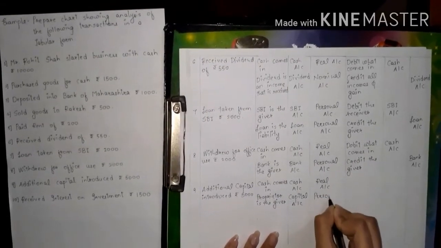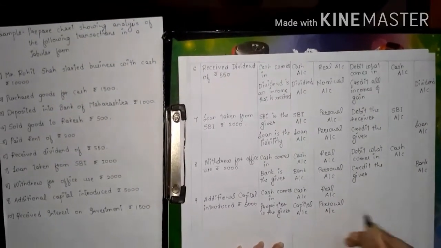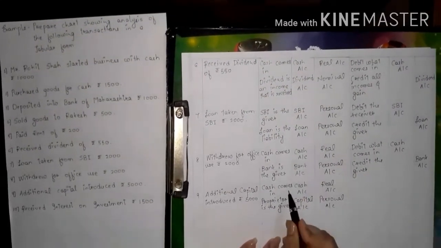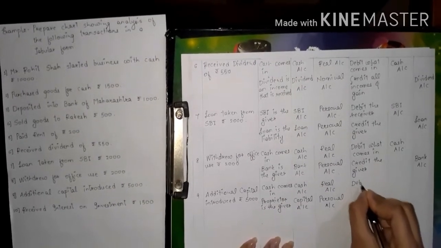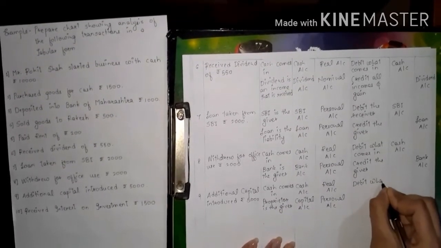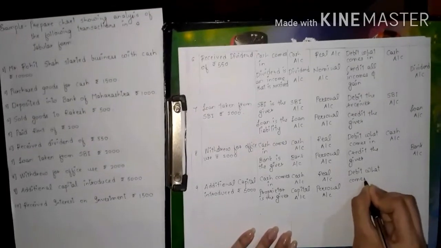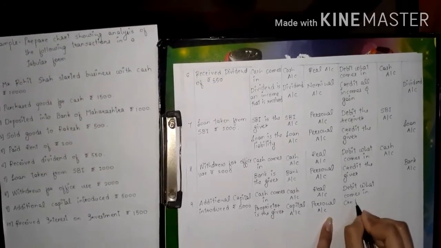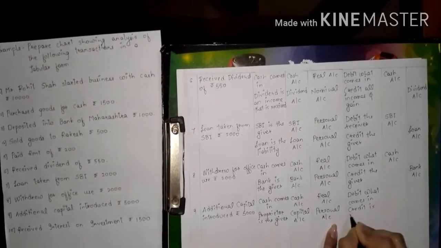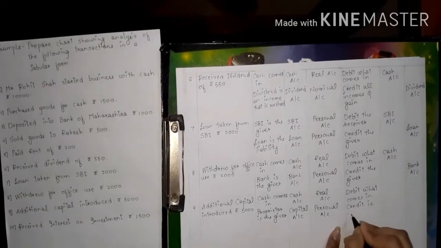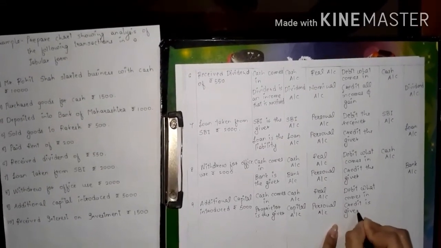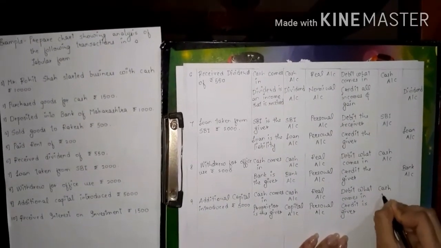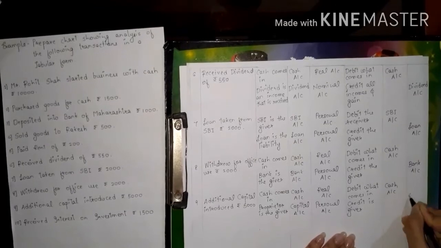Rule: since cash came into the business, debit what comes in. Rule of real account: debit what comes in. And for capital personal account, credit the giver. Cash is being given in the form of capital, so credit the giver. Account to be debited, as usual, is cash account, and the other credited is capital account.